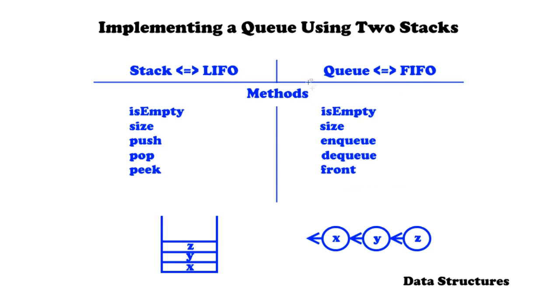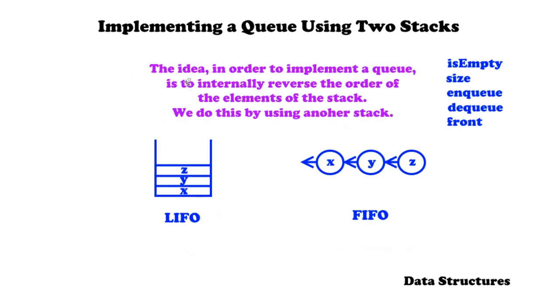But let's first explain how we're going to use these two stacks for implementing a queue. Well, the idea in order to implement a queue is to internally reverse the order of the elements of the stack. And we do this by using another stack. So voila, there is another stack.